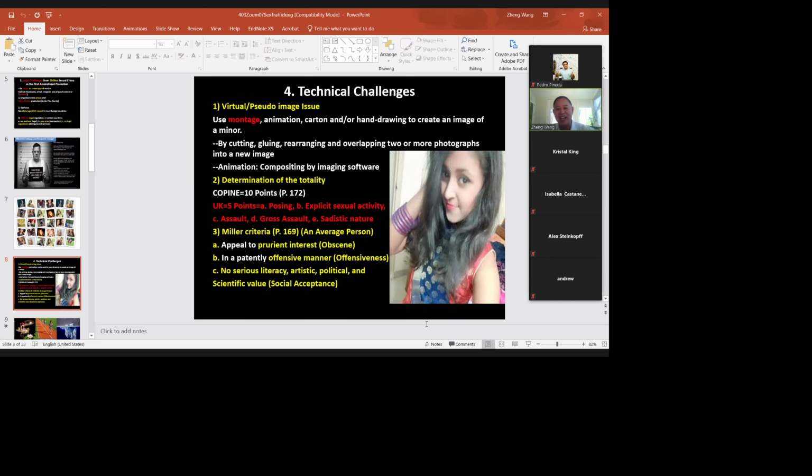So that's another criterion. So we focus on the UK 5 points and the Miller. The UK is more objective: assault, gross assault, and statistics. Miller is more subjective, meaning different people have a different perception of the same picture.